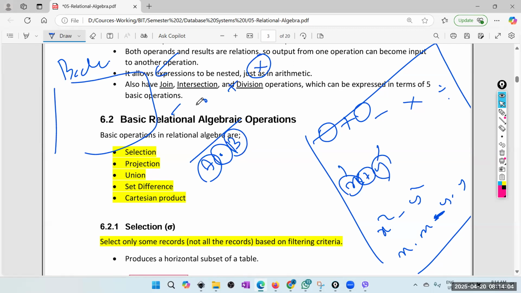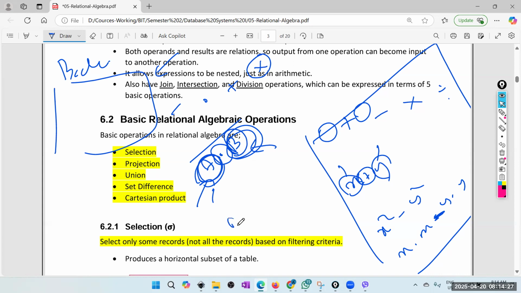In relational algebra also we have operations, and we can apply those operations on variables. Those variables are basically tables and views. So this is a little bit more complex, because our variables are now tables, views, the result of another query, and so on.